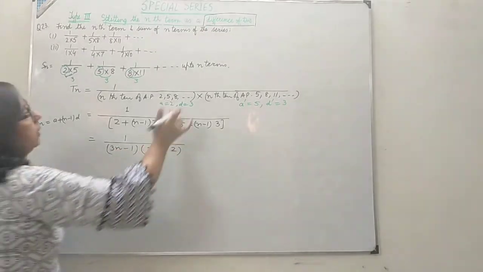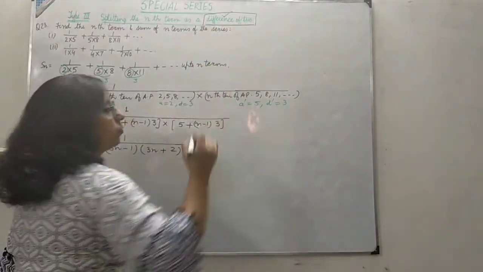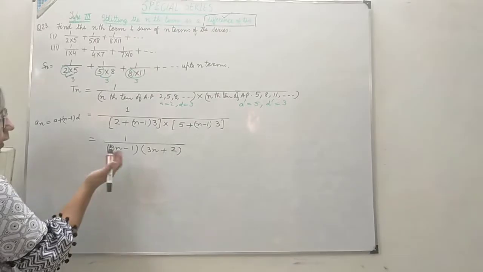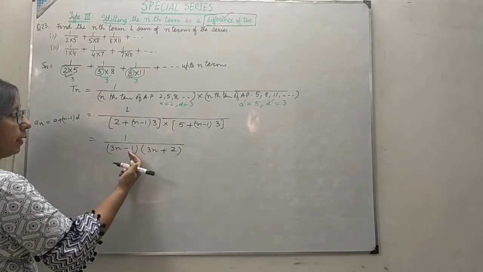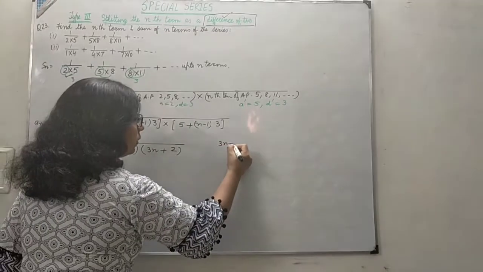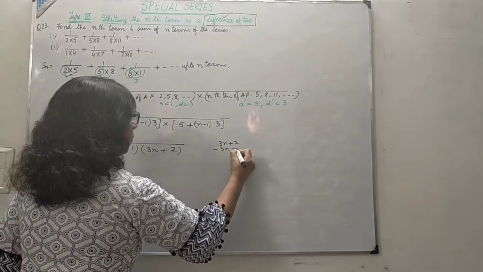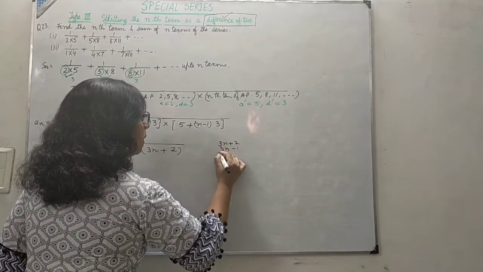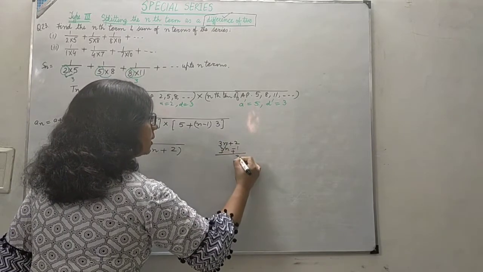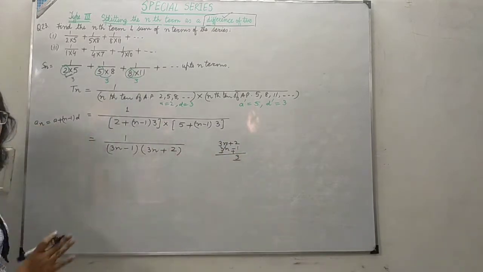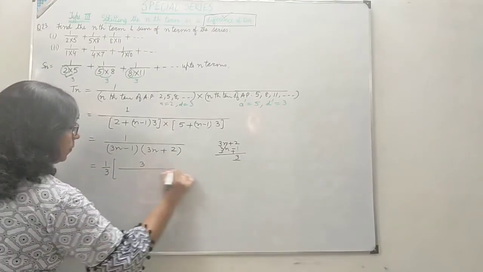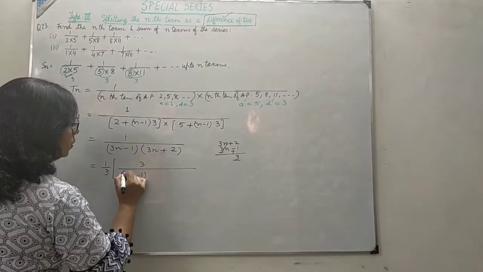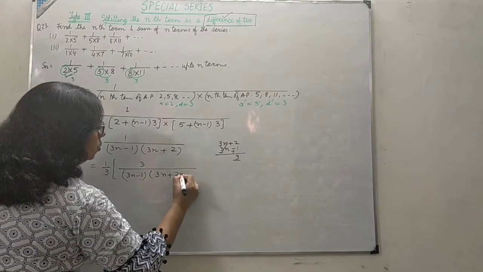Now, how to break and write it as a difference of the two. Again, I have told you, whatever the difference over here, if I take the difference of this, it is minus plus, so this gets cancelled, giving 3. You can see this is a difference of 3. So I divide and multiply by 3 first. This is 3n minus 1, 3n plus 2.